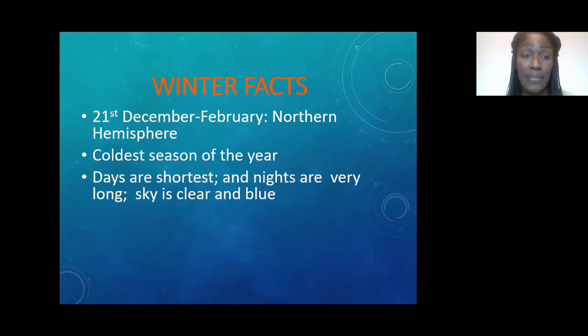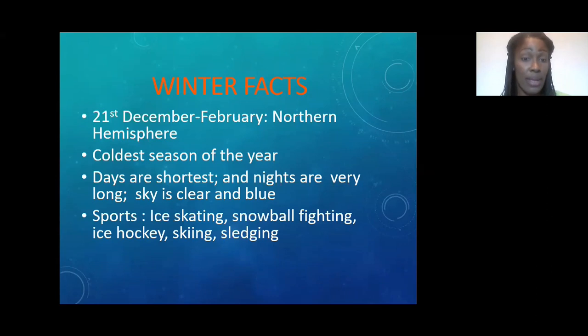Days are shorter and nights are very long. The sky is clear and blue. Now, some sports they play are ice skating, snowball fight, ice hockey, skiing, and sledding. I know in the Bahamas, we do not experience this. However, in some parts of the world, they do play these sports.